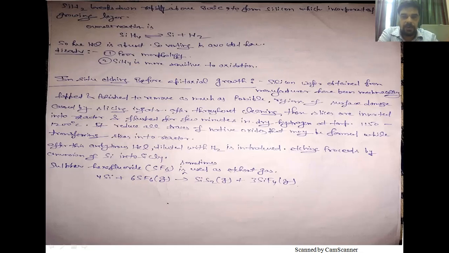It will react with the substrate surface of the wafer and form SiS2 gas and SiF4. So etching is also done here. In situ etching is very important in this case.